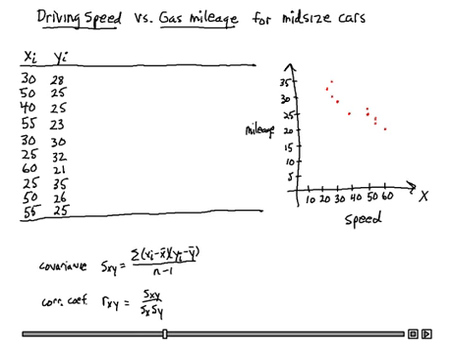For the correlation coefficient, I'm going to need the covariance, but I'm dividing by the standard deviation of the x values and the standard deviation of the y values. I think the first thing I'll do is get the x bar, the average of the x's, the y bar, the average of the y's, and then the standard deviations of each set.